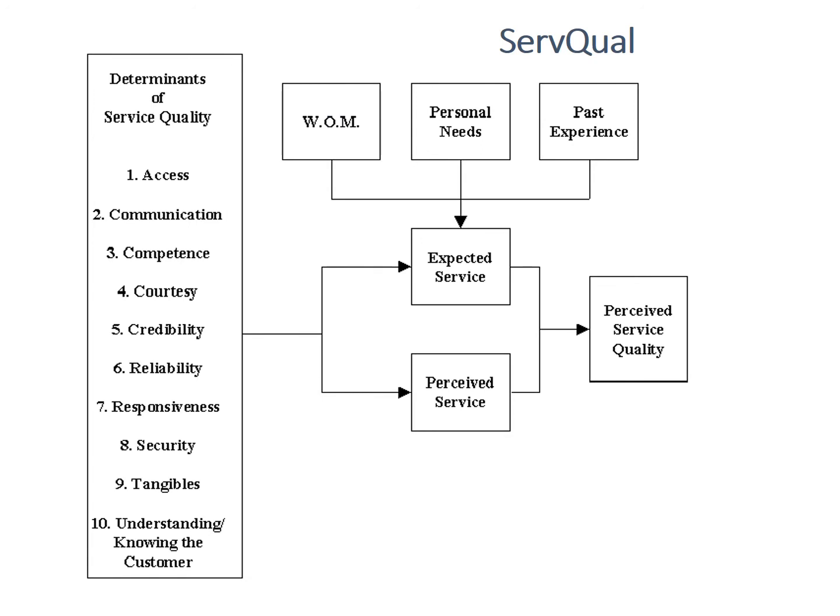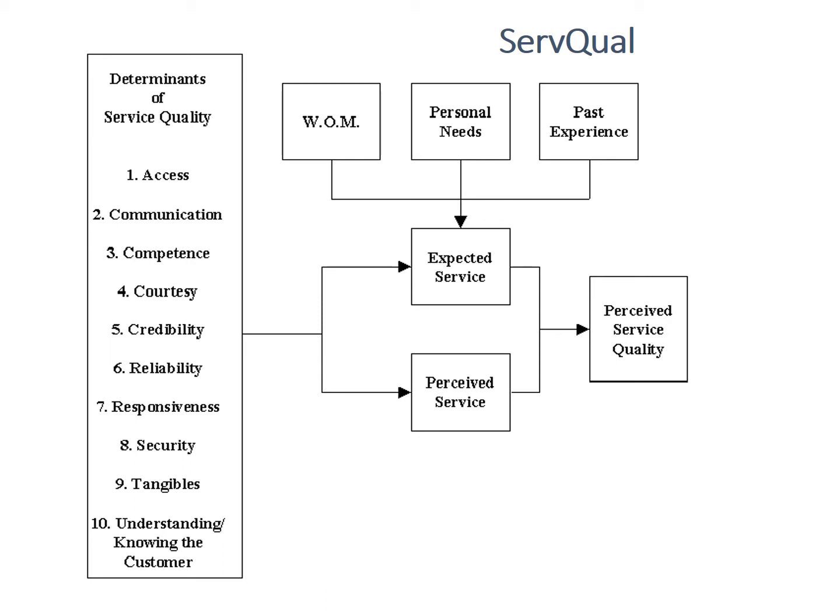If we think about determinants of service quality, there are various determinants, which include access, communication, the competence of various staff to carry out these tasks and the process, courtesy, credibility, reliability, and responsiveness, how fast customers are actually dealt with, even if you think about the customer cycle within accommodation services: pre-arrival, arrival at the hotel, occupancy, and then departure.